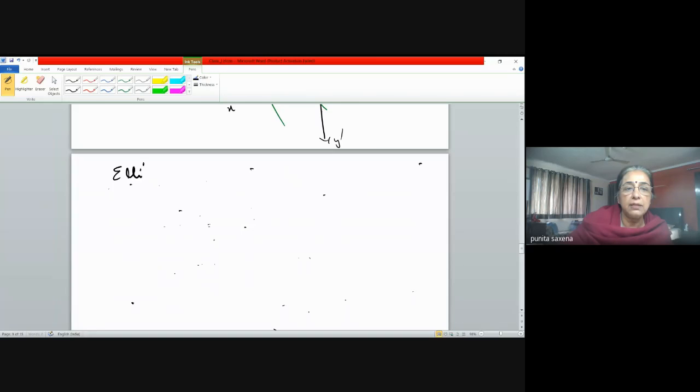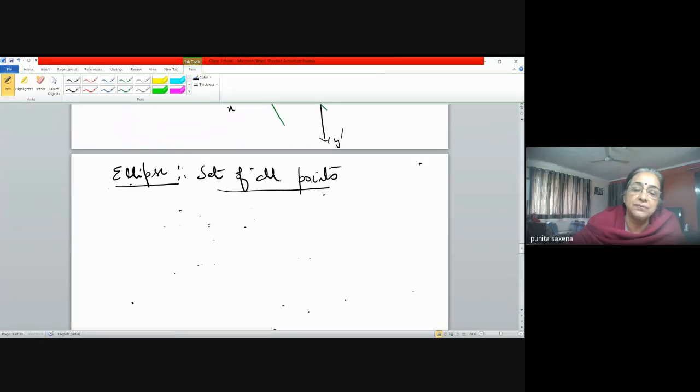Okay. Now, अभी कर सकते हैं आगे. टाइम है कि नहीं? The next thing is ellipse. Ellipse कैसे define करते हो? Locus of a point or set of all points. Condition क्या होती है? Such that what happens?